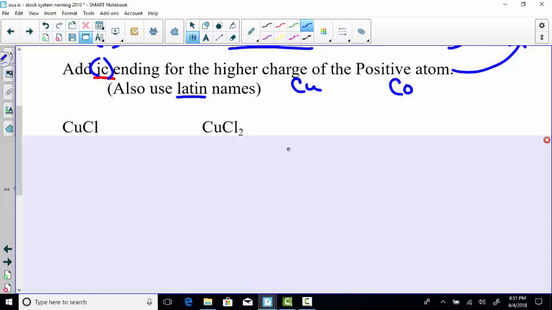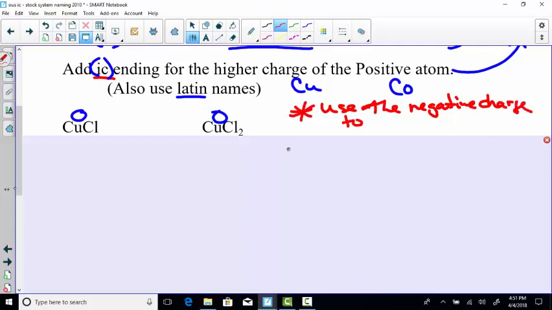One of the first things you're going to have to do is figure out what is the charge of these two coppers. And what I'm going to say from now until the end of this chapter is use the negative charge to determine the positive.